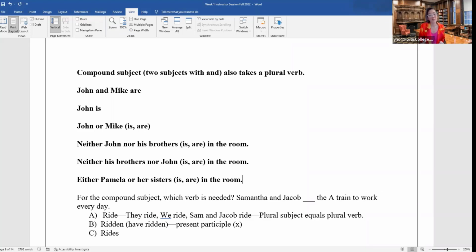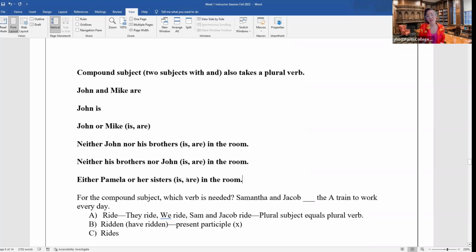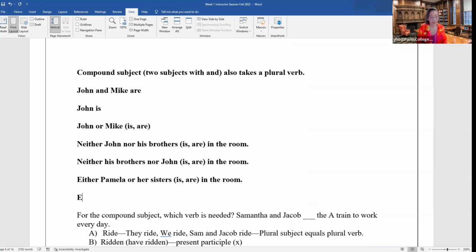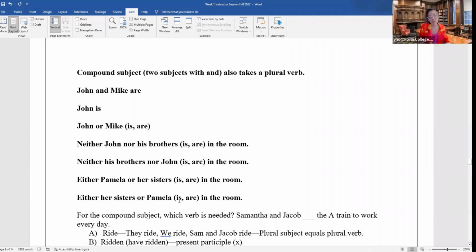What's the subject of the sentence? Is it Pamela or her sisters? Sisters. Do we use "is" or "are"? Are. Okay. So if I switch this around and I say either her sisters or Pamela, what is the subject of the sentence? Pamela. Okay, so it becomes "is".